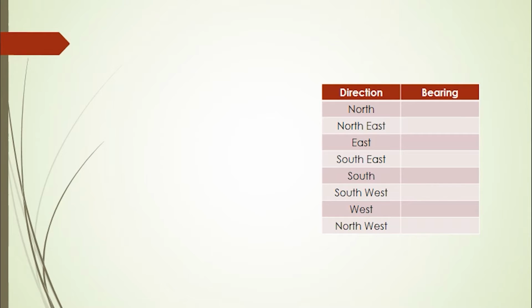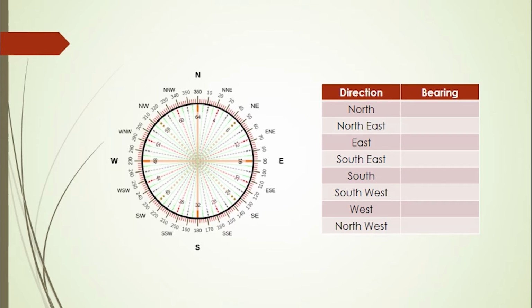Now we're going to look at the directions themselves. Say we have the direction north, then we know that has a bearing of 000. Northeast is here, so that's 045. East is 090, and then southeast is 135.